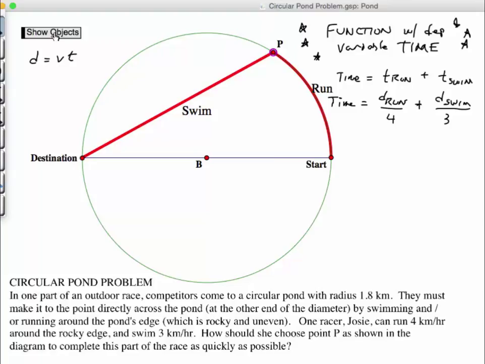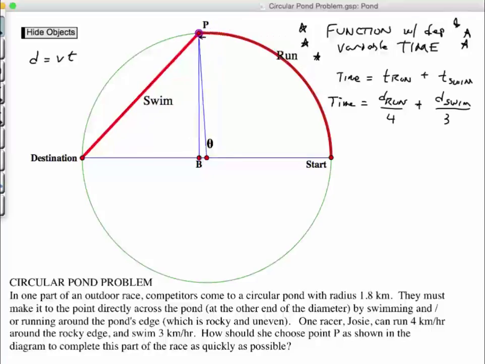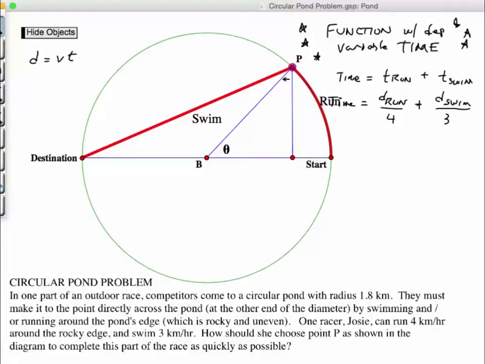Okay, so because of time's sake, so theta. The angle theta from here, the right side of the circle, swept up counterclockwise, is a nice choice, which determines a particular point P where she would stop running and start swimming.